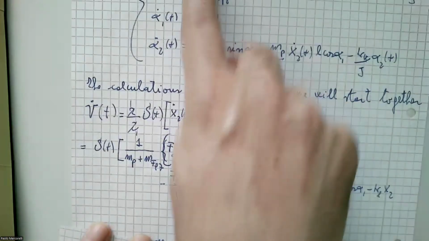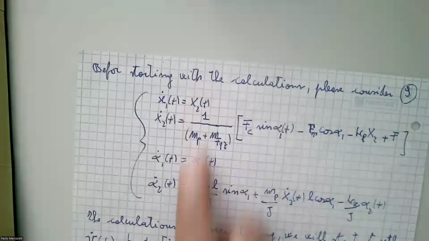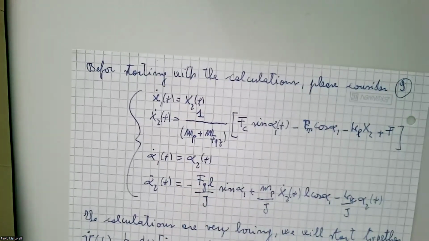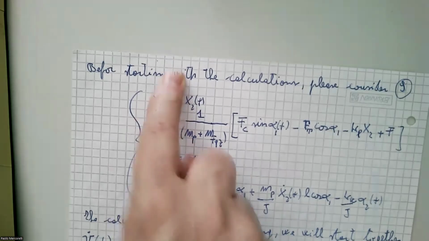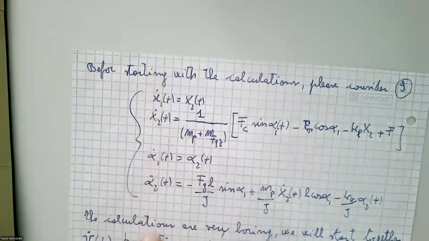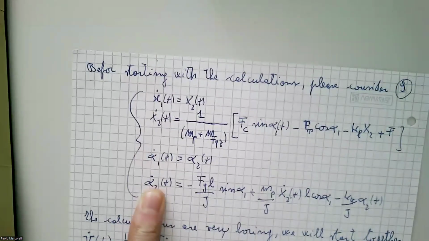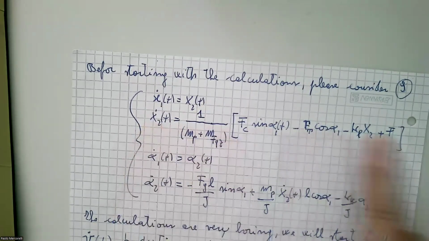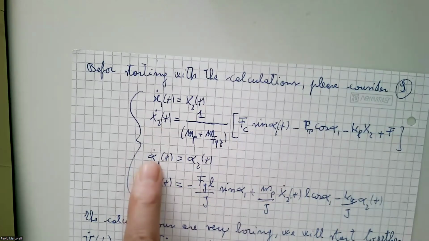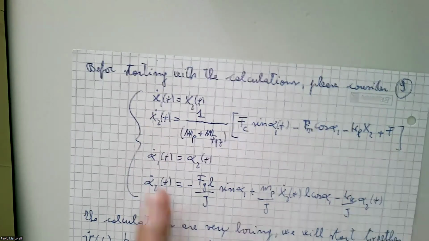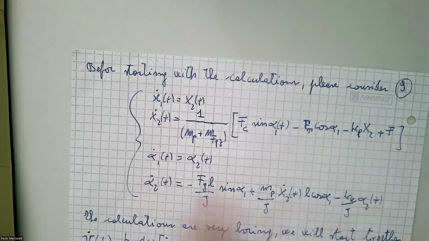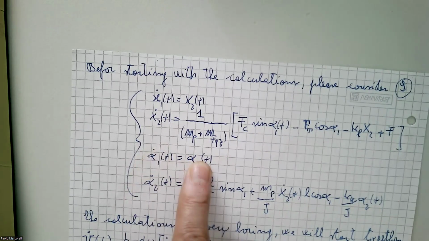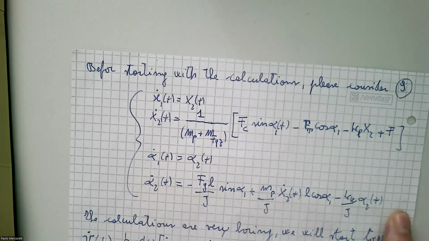Everything came. Do you remember I told you at the beginning in the PowerPoint presentation, I have to express everything in this form here. Remember, I told you before. Derivative of position equals velocity, velocity derivative is the dynamics, this for the car, this for the arm. Alpha 1 dot equals alpha 2, and this is the dynamics, alpha 2 dot equals this one.